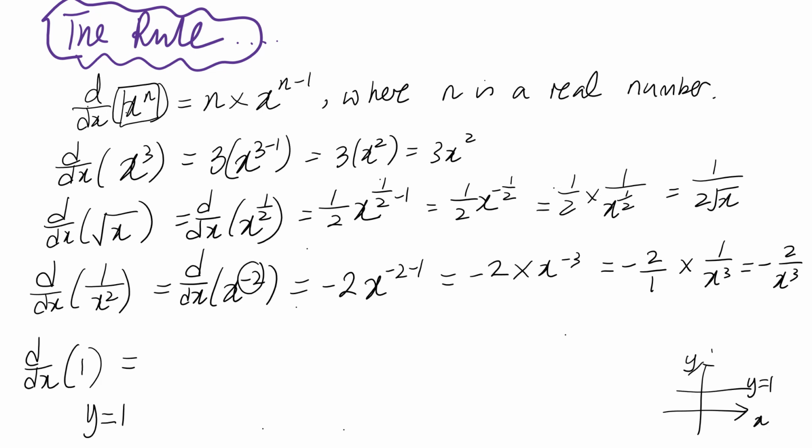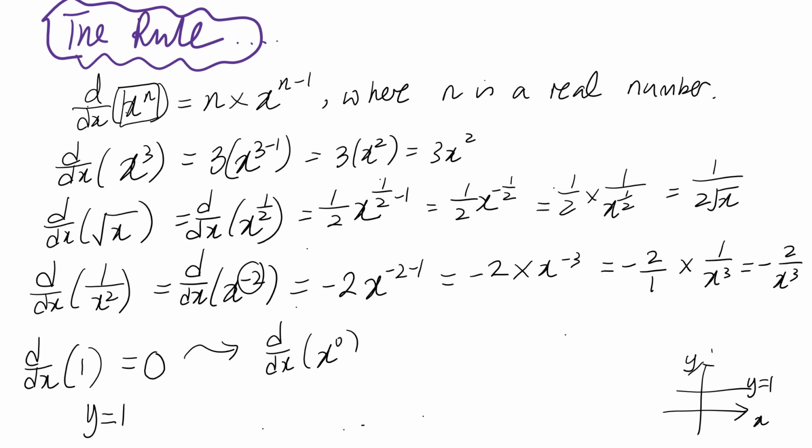So what is the gradient of a horizontal line? The gradient of a horizontal line will be 0, isn't it? But if you don't believe me, which you should, we can convert 1 as x to the power of 0. X to the power of 0 gives you 1, right?